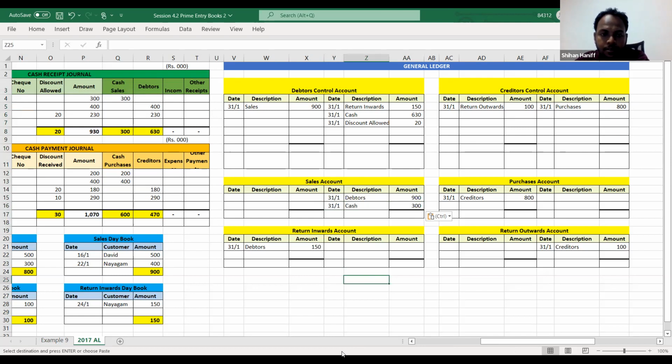Then moving to the cash payment journal, paid to creditors. When you pay, cash account credit and control account is debit. Control account is debit.